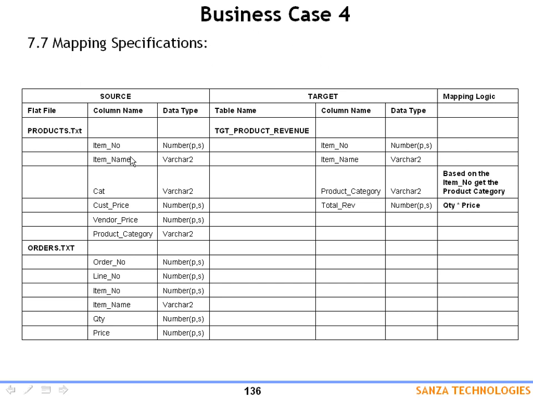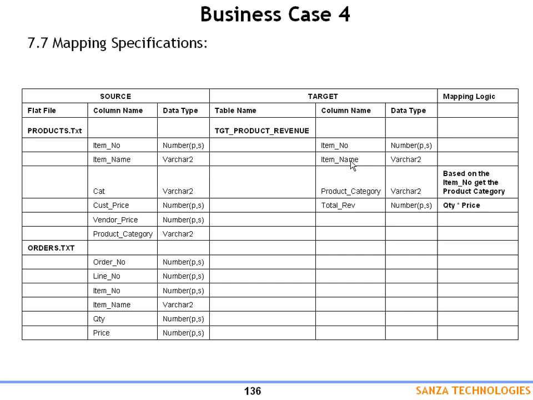From another file I am getting item number, quantity and price. So I need to load data into the TGT product revenue table. Item number, item name, product category, I can get directly from the products file. But the total revenue is quantity times price, based on that particular item number. These are the 2 sources, flat files, to load data into a single target table.